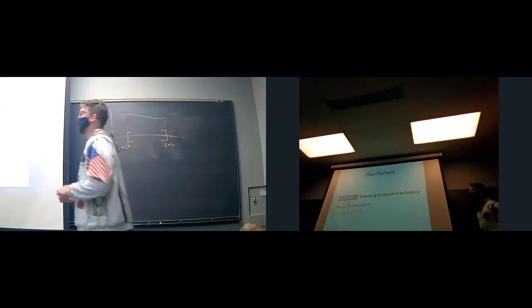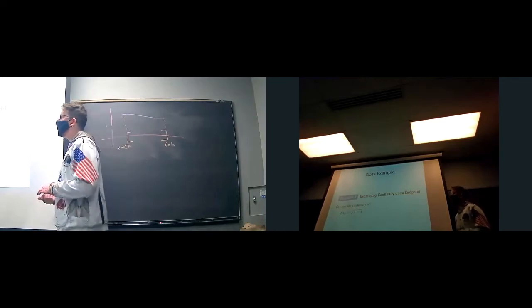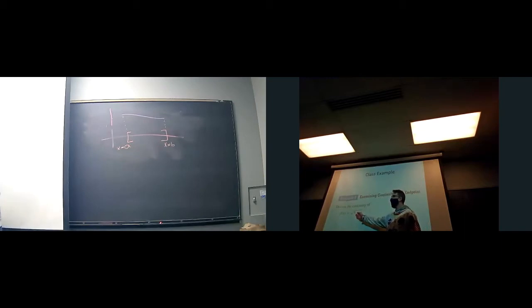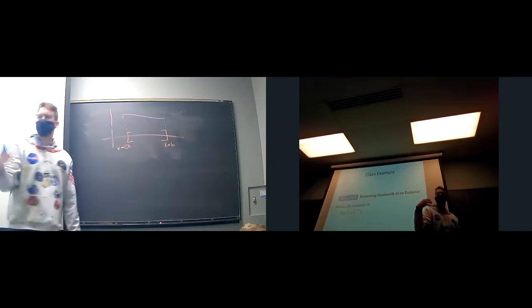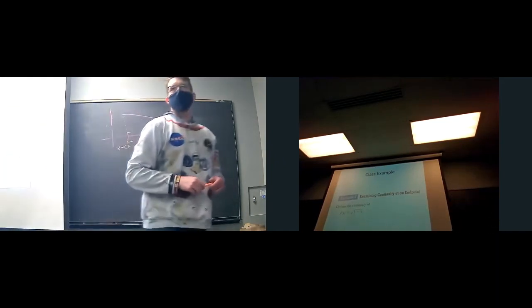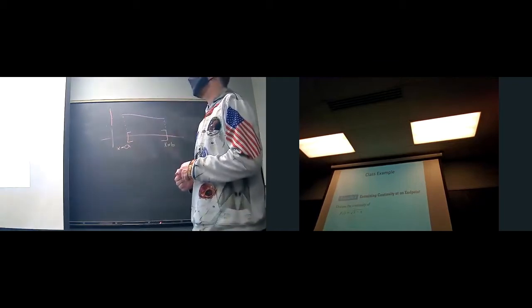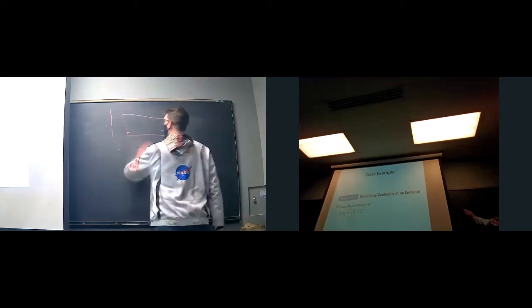What about here? What would be the case that we need to worry about here? How are we going to determine where this is continuous and where it's discontinuous? Well, the first thing we need to know is where this function even exists, right?